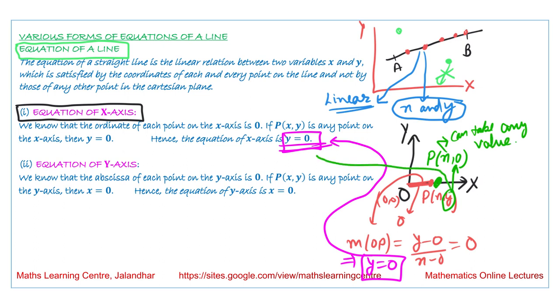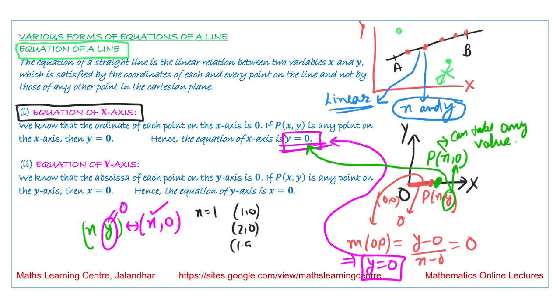So what y is equal to 0 means is that we have any point (x, y) in the coordinate plane, and we have fixed y equal to 0. It means we are talking about all the points of the form (x, 0). If you substitute x is equal to 1, you will obtain the point (1, 0), then the point (2, 0), the point (1.5, 0). If you plot all these points, we are basically talking about the x axis.